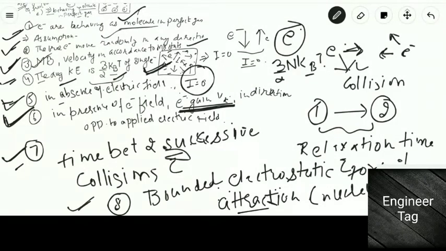The eighth postulate is that these electrons are free, but they cannot leave the boundary of the metal because they are bound to the positive nucleus by an electrostatic force of attraction.